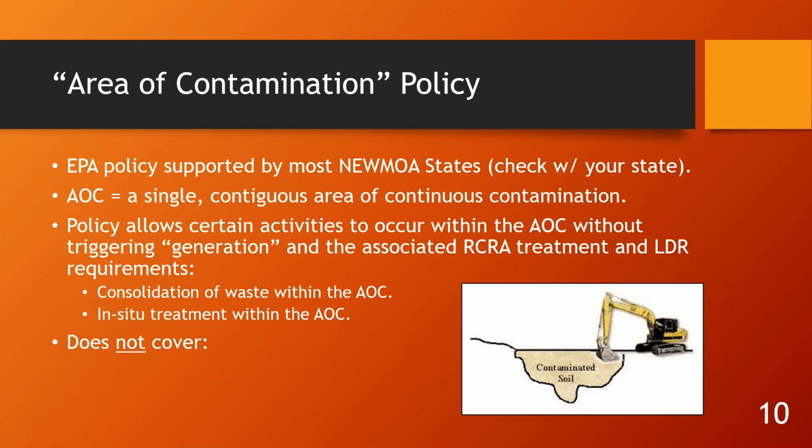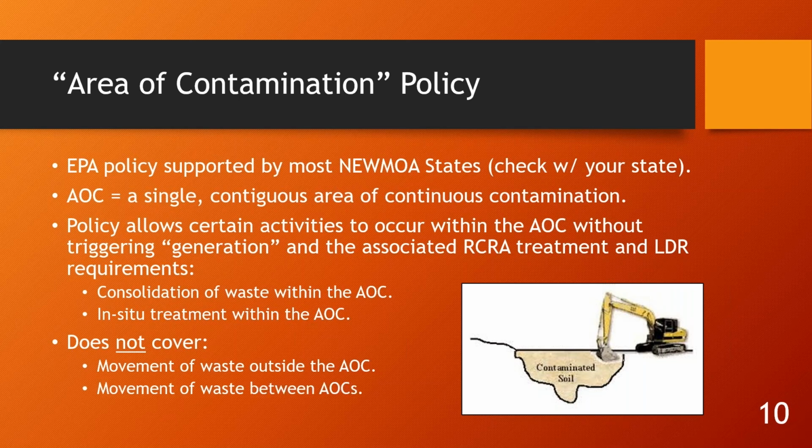So you can do consolidation within an area of contamination. You can do in situ treatment, and you're not required to get a RCRA permit. What doesn't it cover? Once you move the waste outside of the area of contamination, you're now transporting RCRA waste.